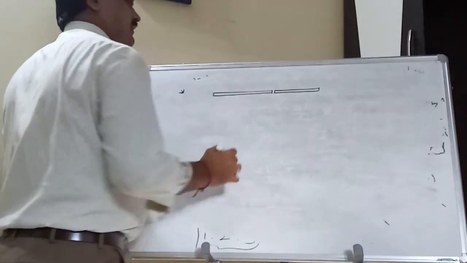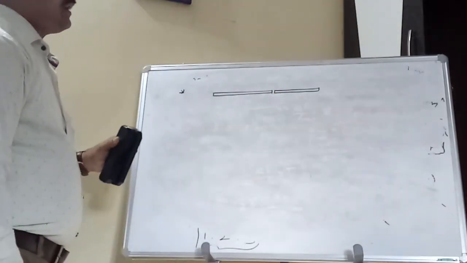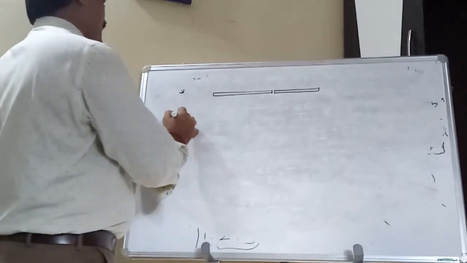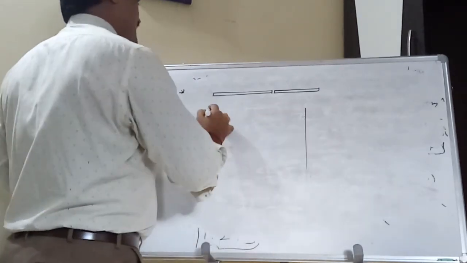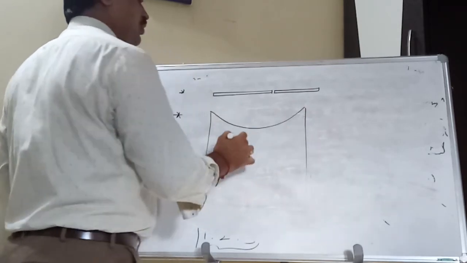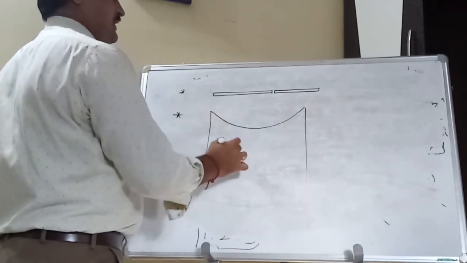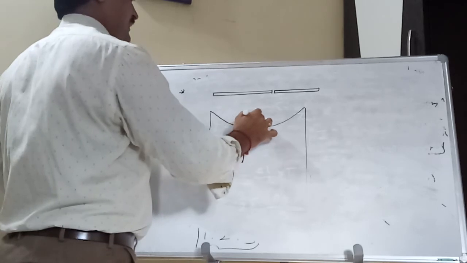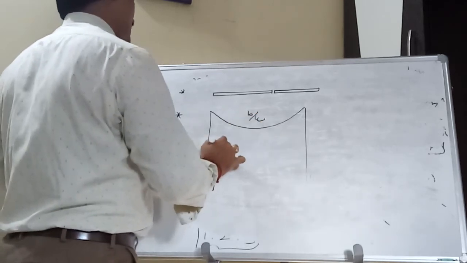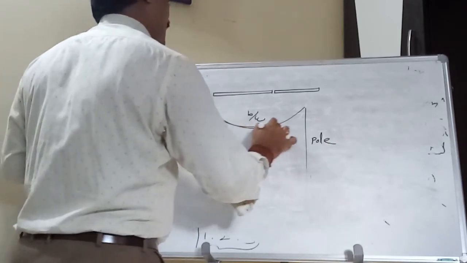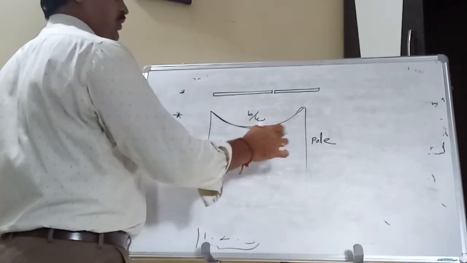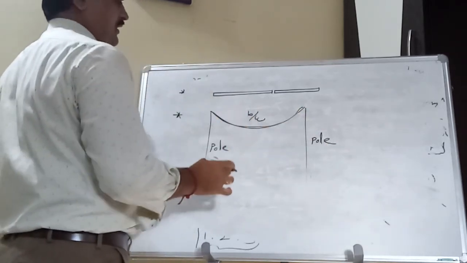This is for their expansion in summer. Similarly, wires are kept in loose contact between two poles because of their expansion in summer.